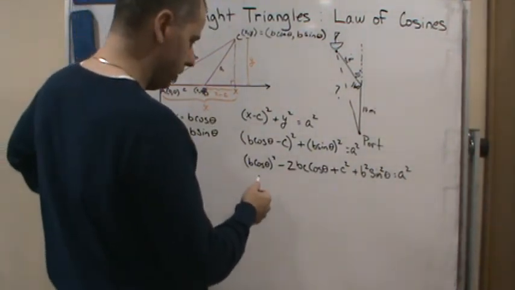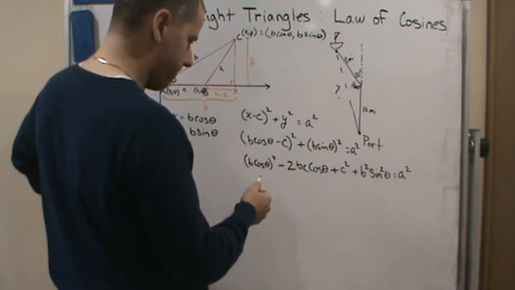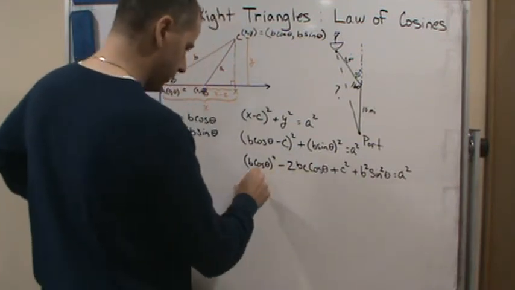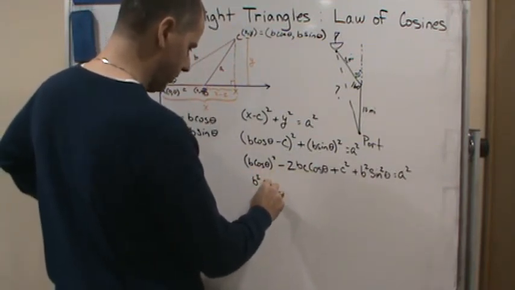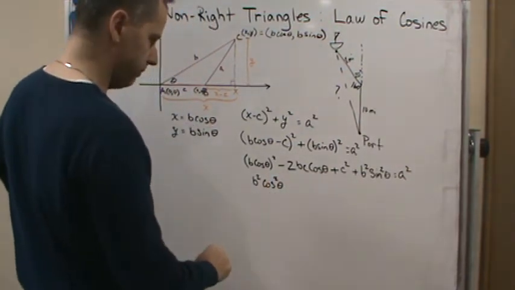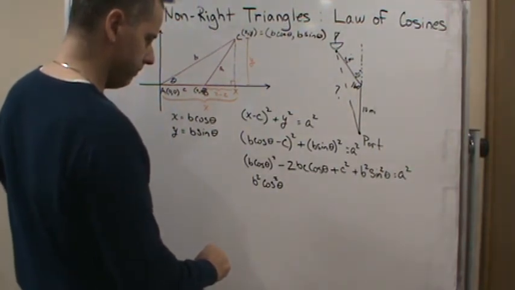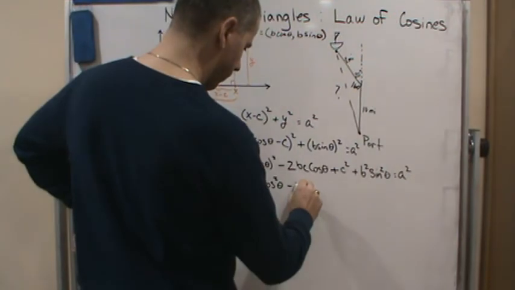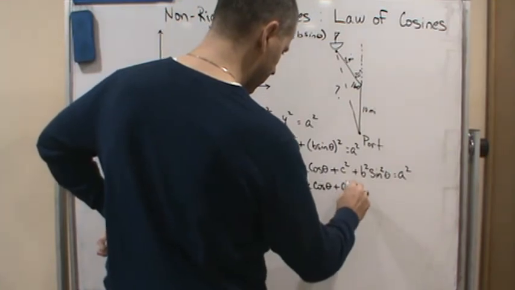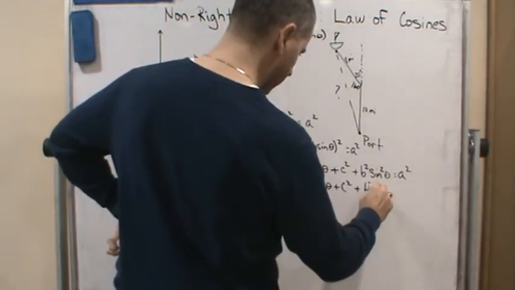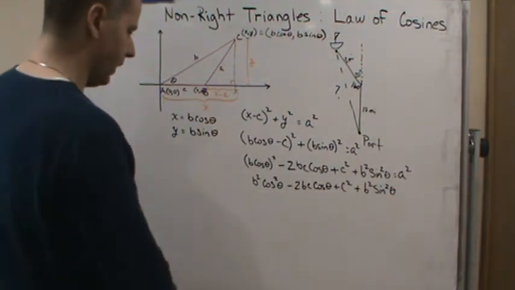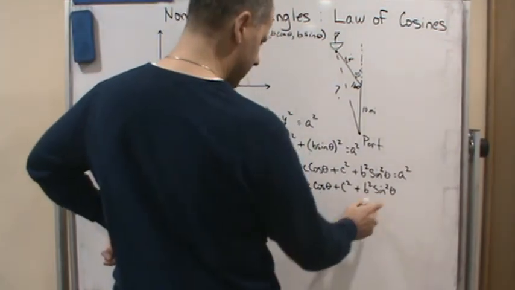Okay, so let's keep simplifying. So this is going to be b squared cosine squared theta, minus 2bc cosine theta plus c squared plus b squared sine squared theta. Oh, look at this. I've got a cosine squared theta and a sine squared theta. Let's put those together.